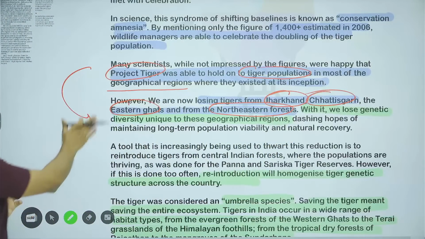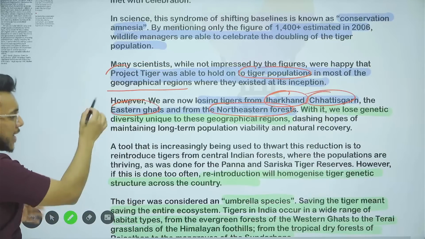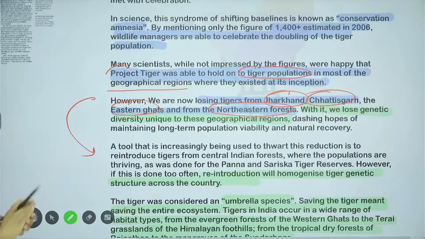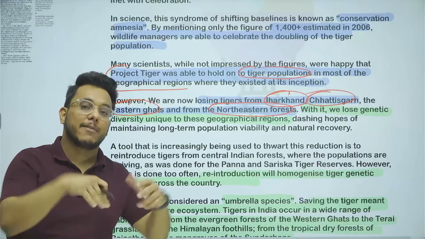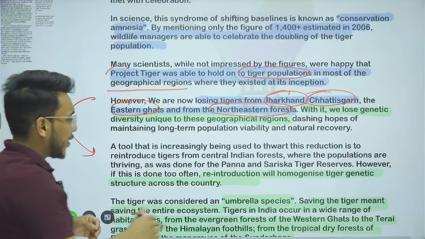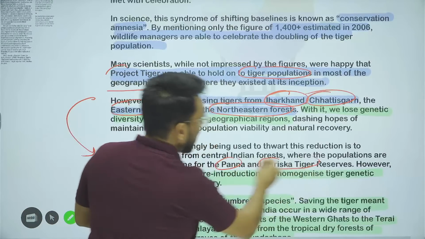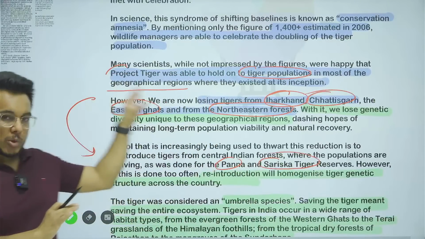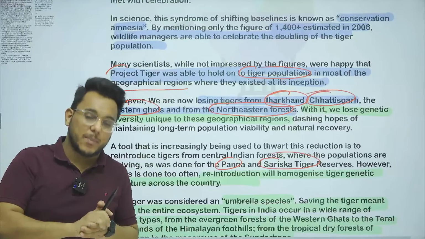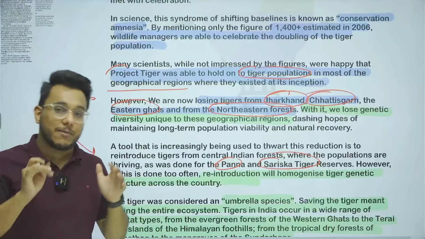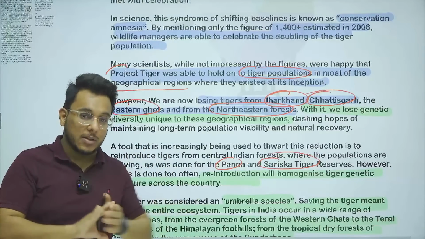Now understand this particular thing: when the tiger population is getting lost here, tiger relocation from other regions has happened. For example, from Panna and Sariska, tigers have been relocated to the places where the tiger population has been wiped out. But this is not going to be a correct and sound foolproof strategy. Why?